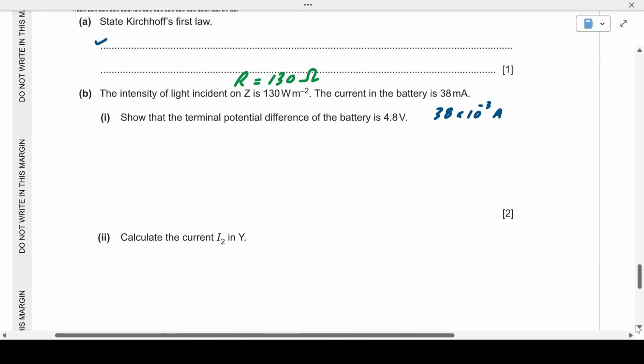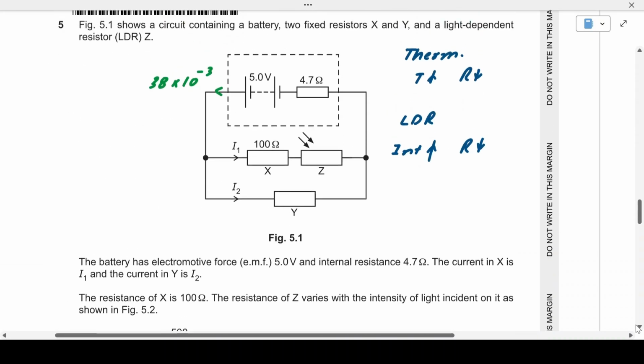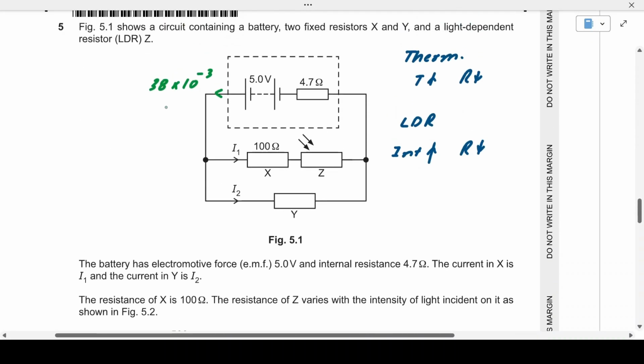The current in the battery is 38 milliamperes, so 0.038 or 38 times 10 to the power minus 3. 0.038 is withdrawn by the battery, and the same 0.038 current must return back to the battery.